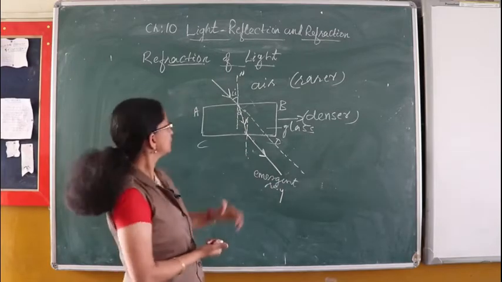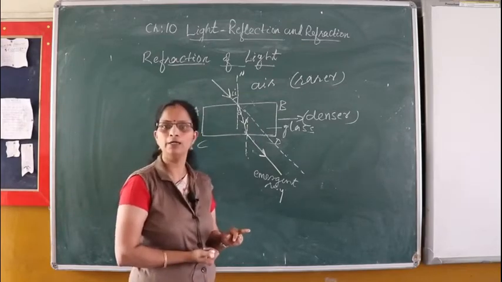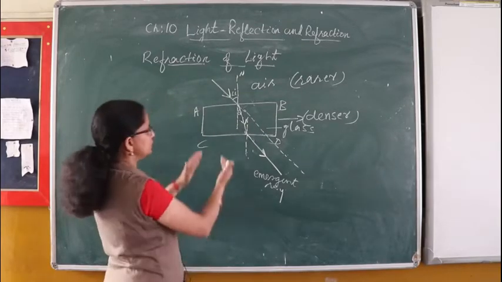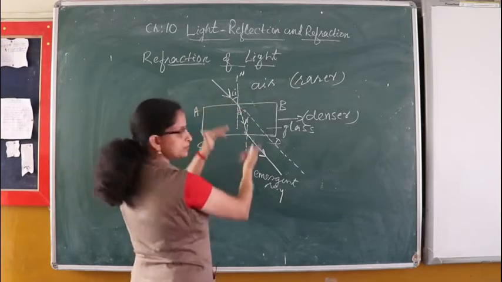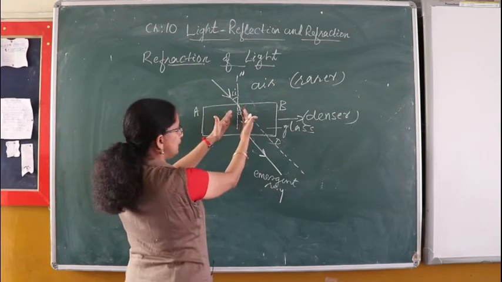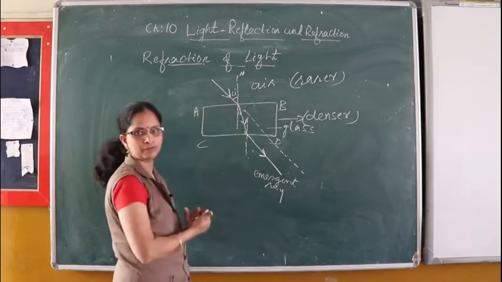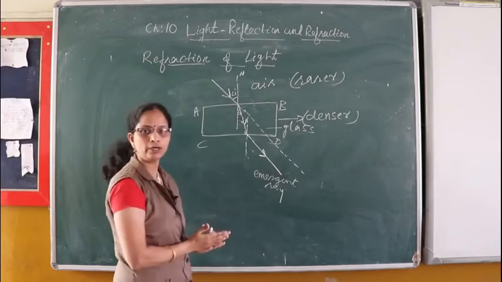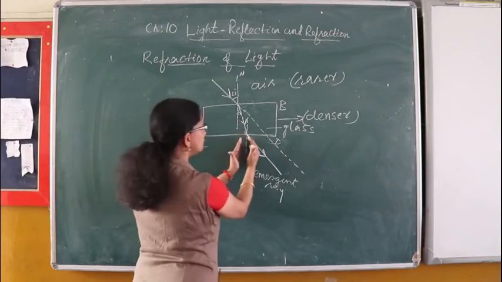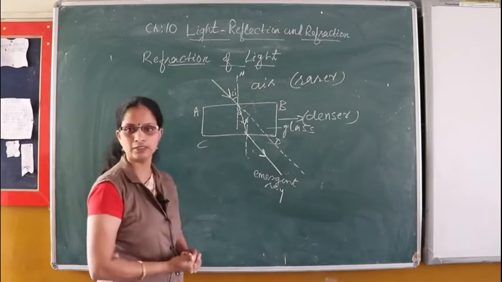This is because the refracting surfaces AB and CD are parallel to each other, and because of the difference in the speed of light in the different media, the extent of bending that takes place at the first refracting surface is equal and opposite to the extent of bending at the next refracting surface.